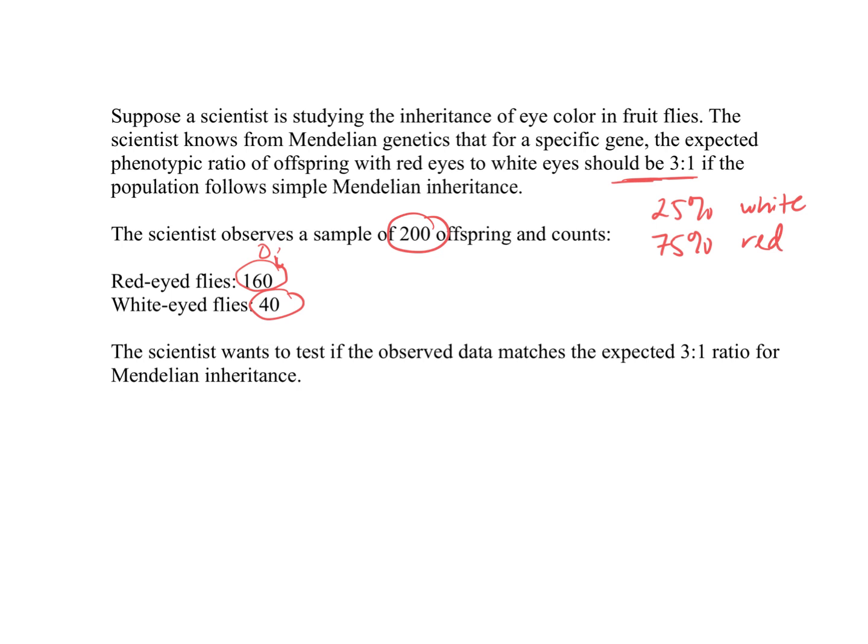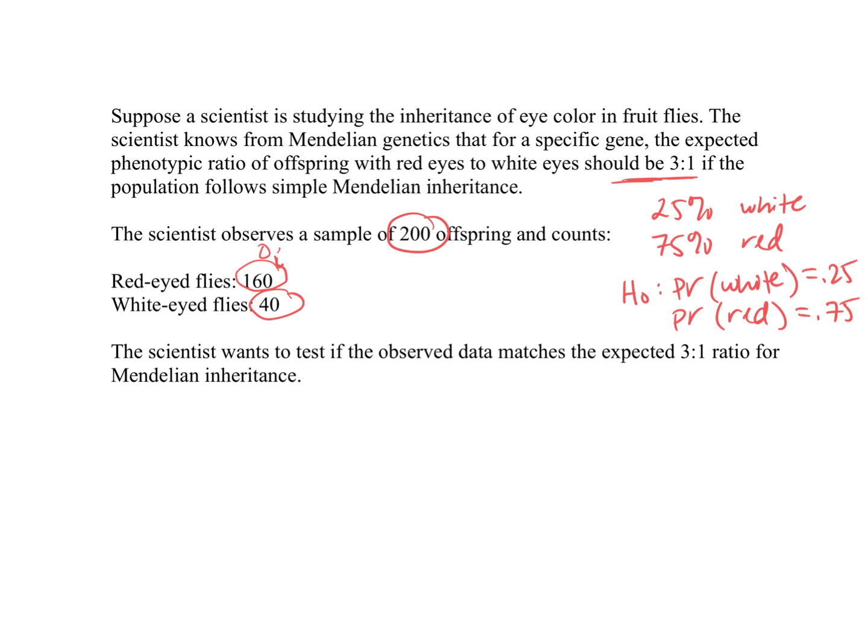And that's basically what our null hypothesis is. The null hypothesis is just saying that the probability of an individual fruit fly having white eyes is 0.25, and the probability of an individual fruit fly having red eyes is 0.75. That's our null hypothesis. The alternative hypothesis is just that that is not true.